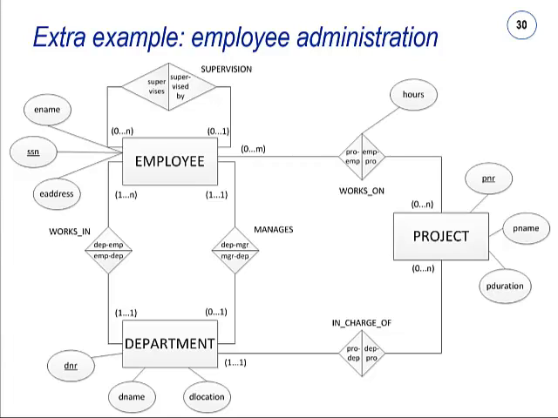So the rule spans the relationship types works on, in charge of, and works in, actually. That's a rule that spans multiple relationship types and which is pretty obvious as you hear it, but it cannot be enforced in our ER model. So you can see that our ER model clearly has some shortcomings here.